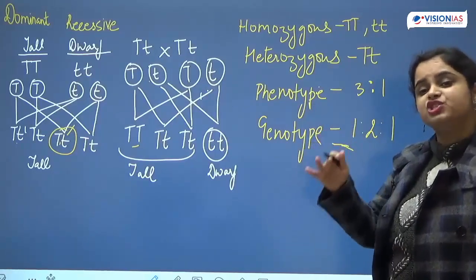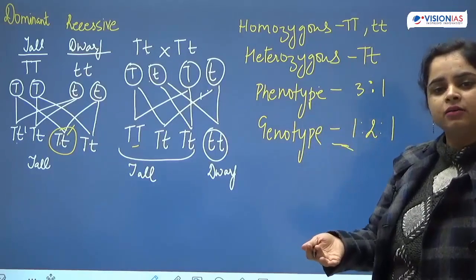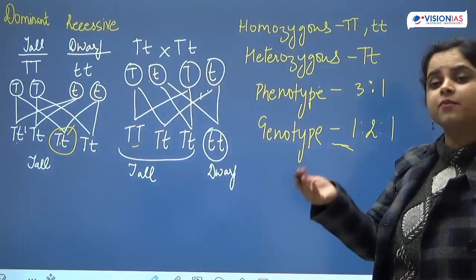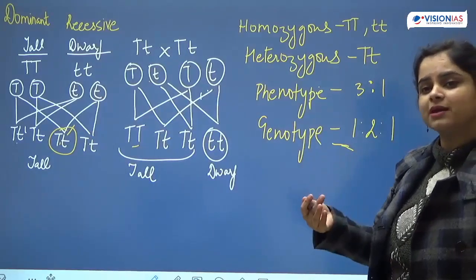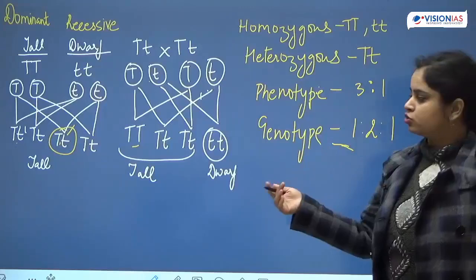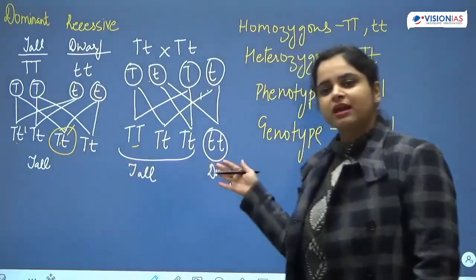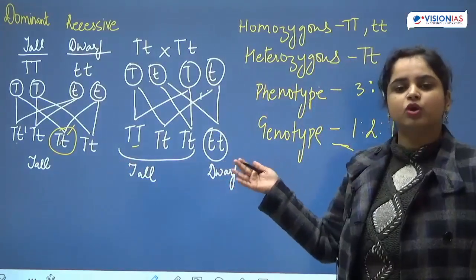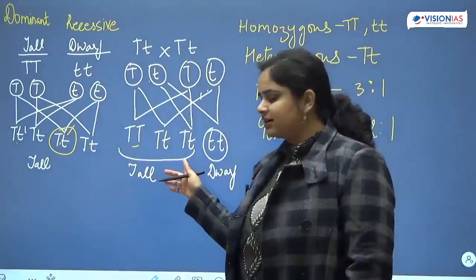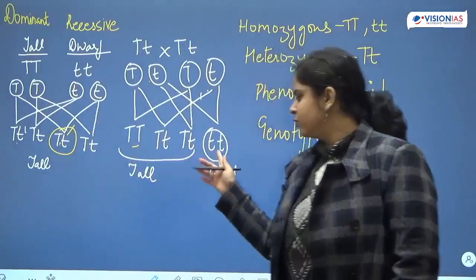What are the genes behind that? What is the genetic system behind that? What is the combination behind that? That is genotype. So in this case, if we are just looking at the plants and we are writing what is their ratio, we have 3 plants which look tall to us, one which is dwarf.